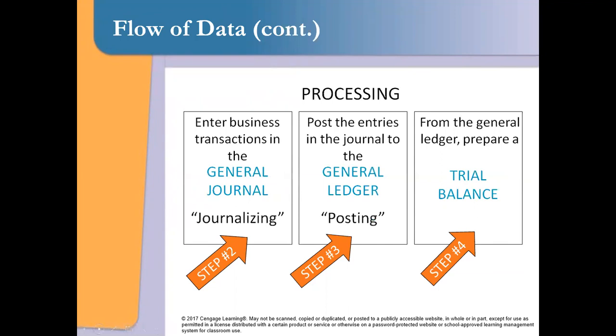You call it your general journal, almost like a journal in your personal life. If things happen, you write it down so you can remember. You're taking notes on all the activities that have happened within the organization.